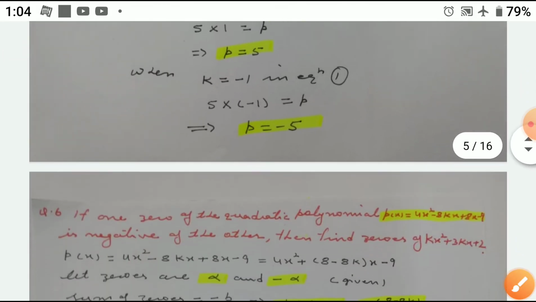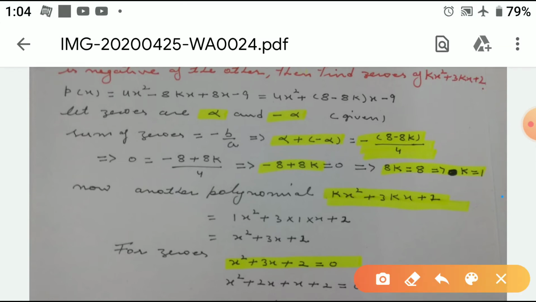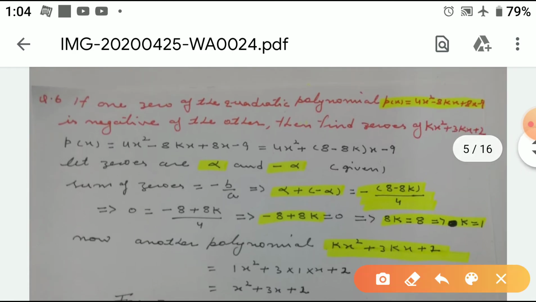Now come to question number 6. If one zero of the quadratic polynomial 4x square minus 8kx plus 8x minus 9 is negative of the other, then find the zeros of another given polynomial, right?